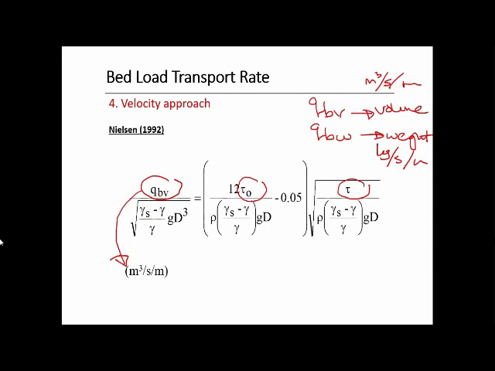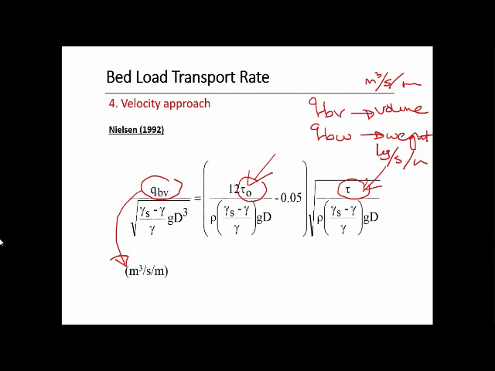I couldn't find the full description of this Nielsen. Why do they call it a velocity approach, while in the final form equations there is only the presence of shear stress?